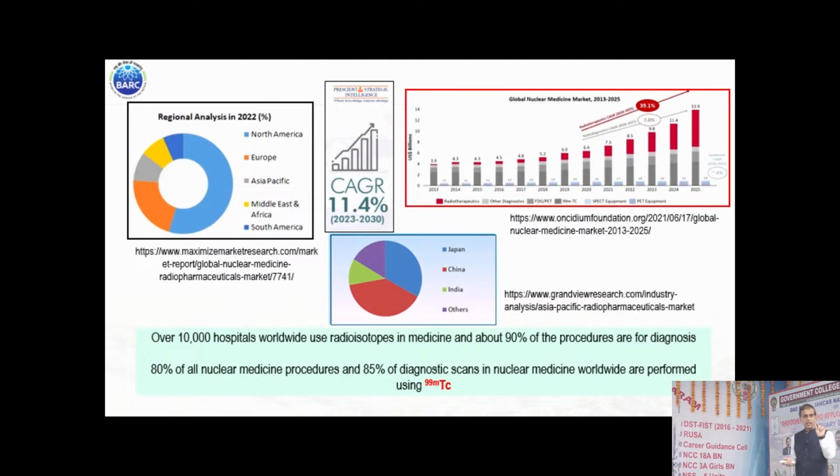M stands for metastable, I think you know by this time. This is the isotope which is the bread and butter of the nuclear medicine industry, because 80% of today's use, not only in India but all over the world, is based on 99M technetium. Why? I will try to explain tomorrow morning when I will be talking about isotope production.